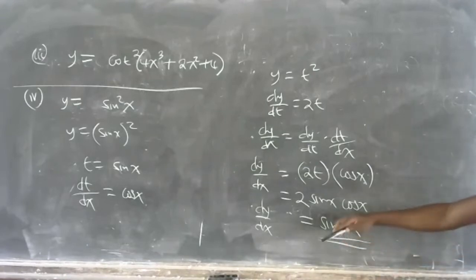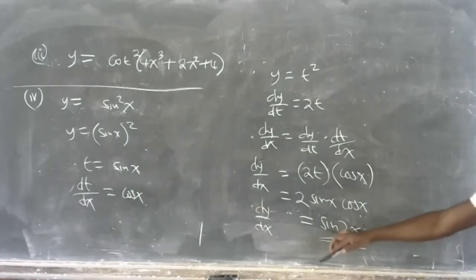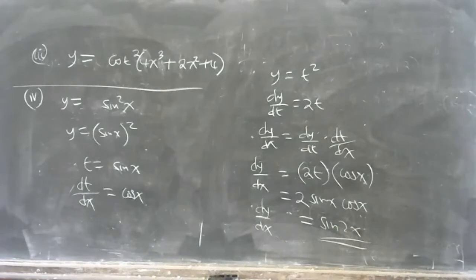This is a factor formula. 2 sine x cos x is given by sine 2x. That would have angles. You know that. This is given by that. Okay, thank you, teacher.